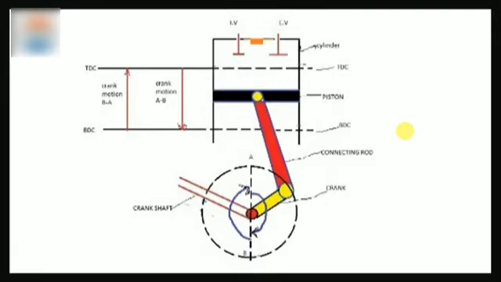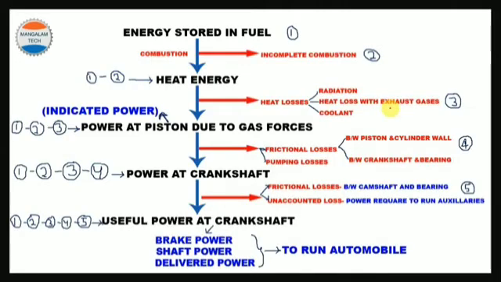In the picture, you are seeing a general construction of an engine: a crank, connecting rod, crankshaft, flywheel, piston, top dead center, bottom dead center, inlet valve and exhaust valve. There is also a stroke length shown in this picture.